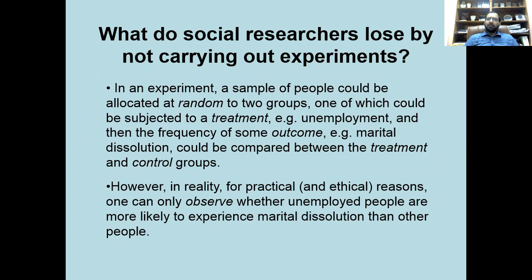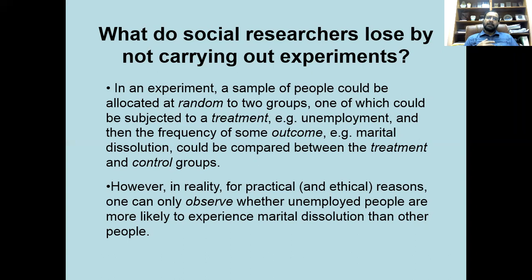We can form various groups, and then we can see and relate those groups together, for example in terms of unemployment, frequency of some outcome, their social connections, their marital relationships, and maybe their economic structure. It basically helps you see how those various groups respond to various situations.